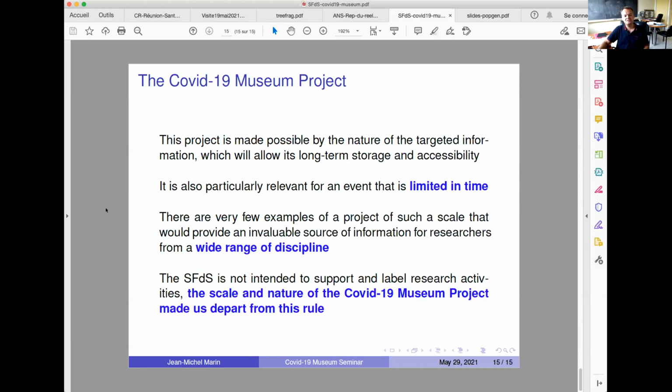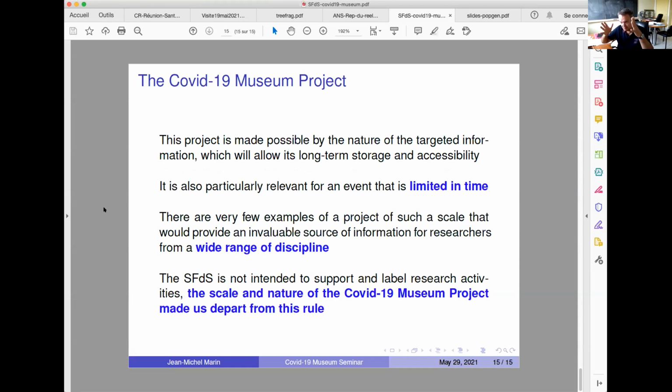And also, in our opinion, this project is made possible by the nature of the targeted information. It's also particularly relevant for an event that is limited in time.